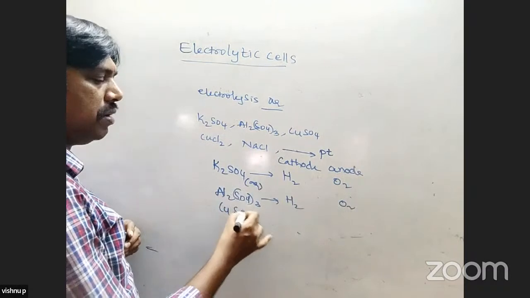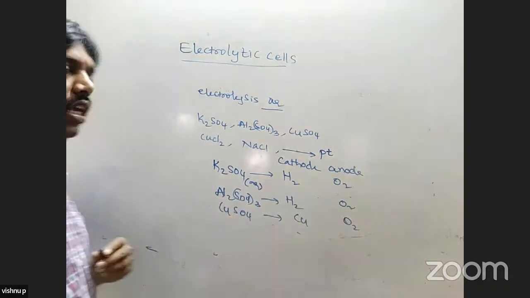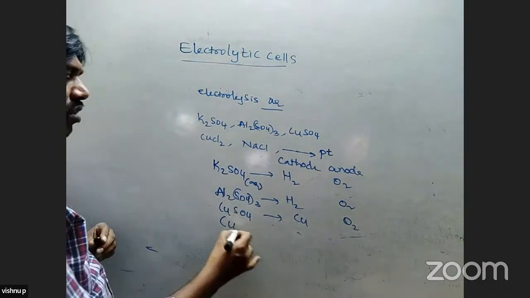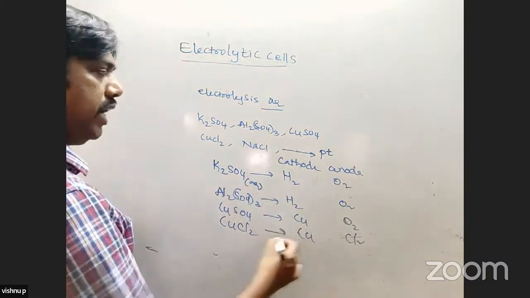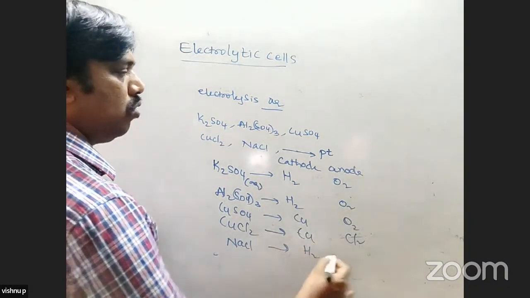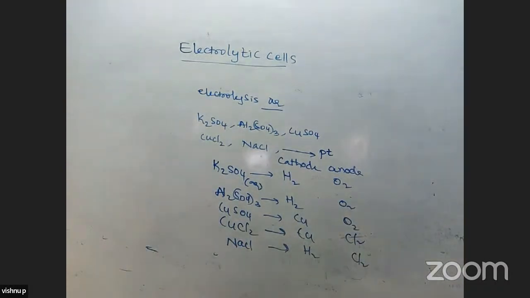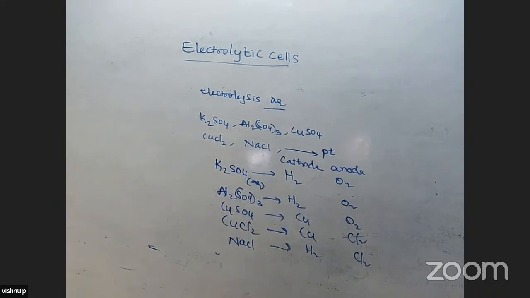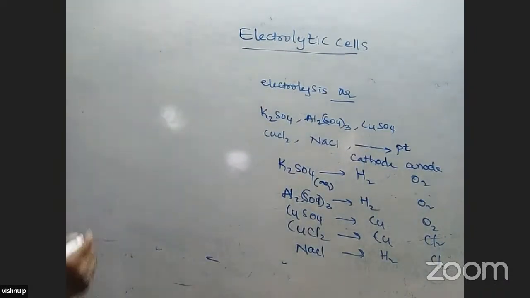When aqueous copper sulfate is electrolyzed, copper and oxygen are evolved at the cathode and anode. If you use aqueous copper chloride, copper and chlorine; and if you use aqueous NaCl, we get H2 and Cl2. These are the products evolved at the cathode and anode in electrolysis.